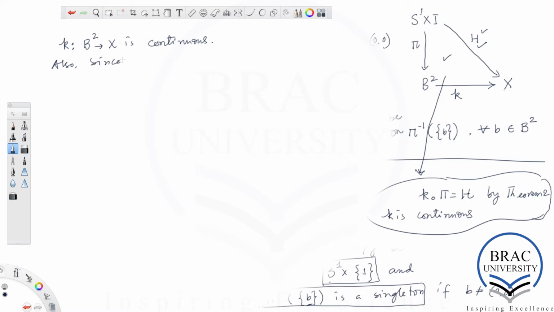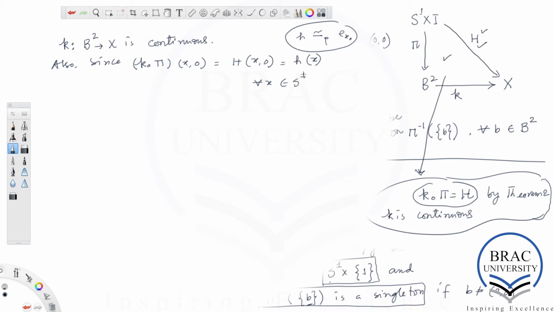Also, since we have seen that K composed with pi is equal to H, K composed with pi evaluated at (x, 0) is H of (x, 0), since H is a homotopy between small h and the constant map E sub x0. H of (x, 0) is nothing but small h of x, and it holds for all x in the circle. So what does it mean?